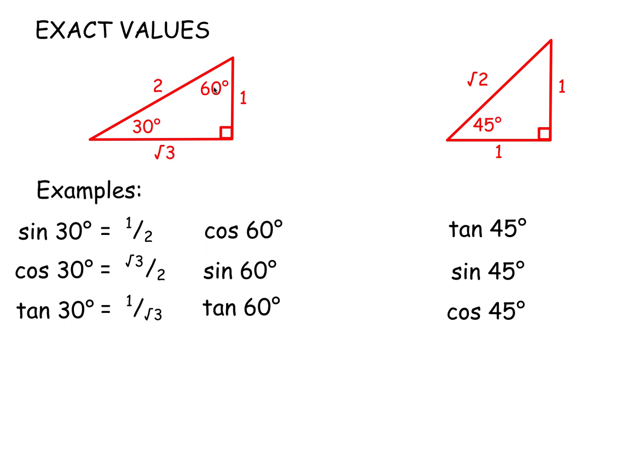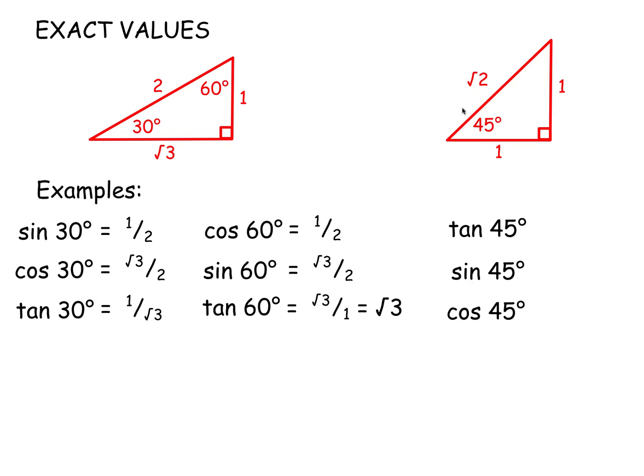Up the top is 60 degrees. If you want sine 60, it's opposite root 3 over hypotenuse 2. If you want cos 60, it's adjacent 1 over hypotenuse 2. If you want tan 60, it's opposite root 3 over adjacent 1. And that therefore comes out as root 3.